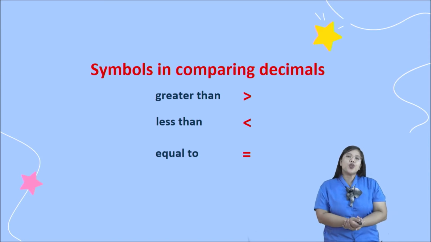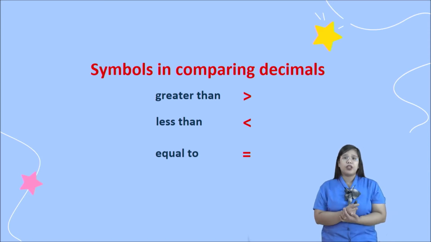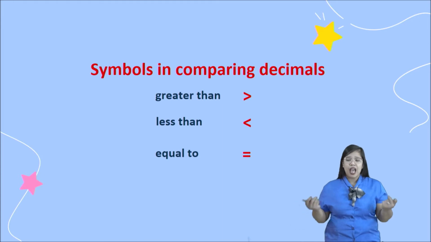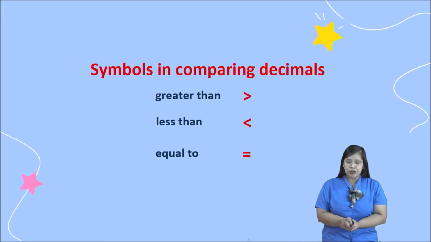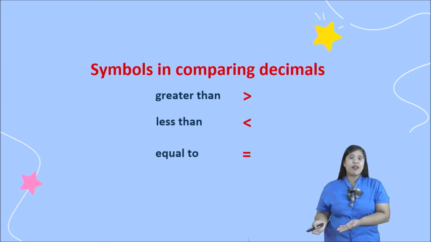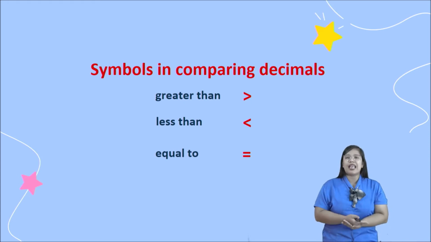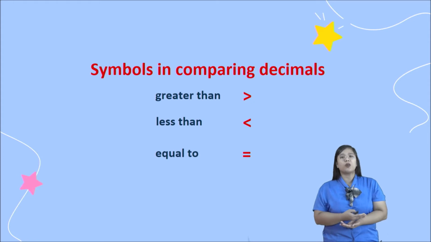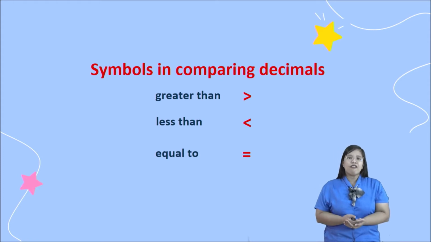And we use equal to when both sides have the same value.